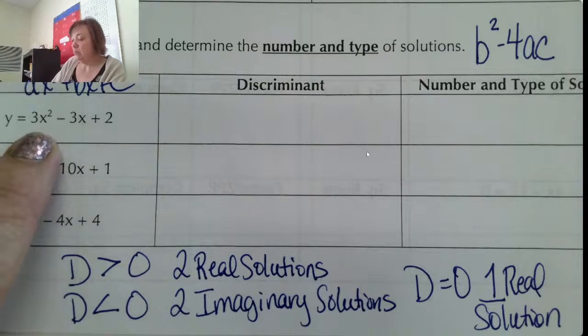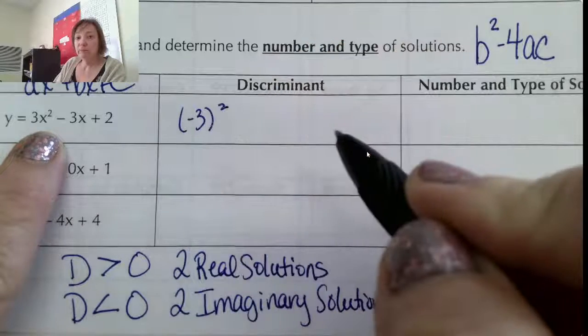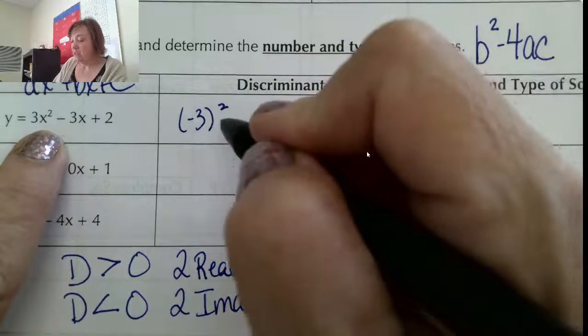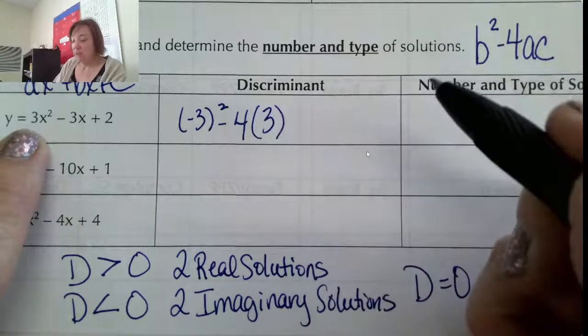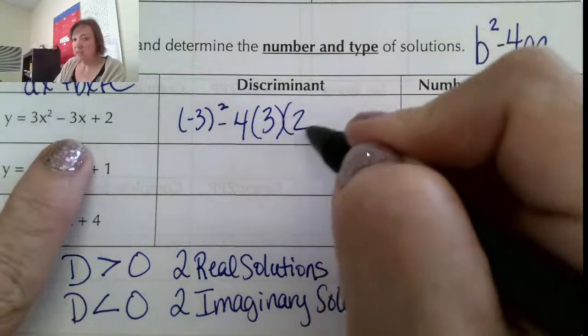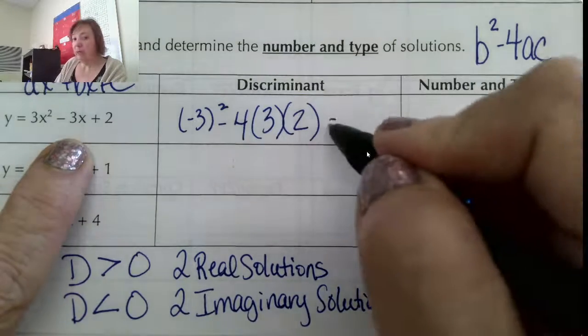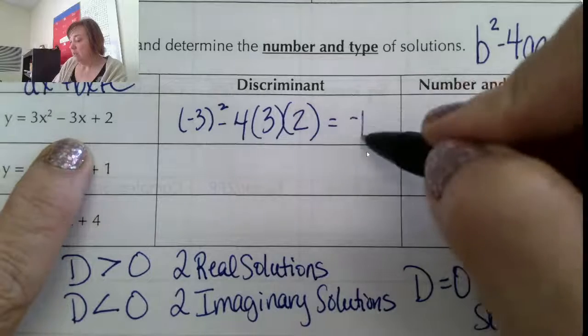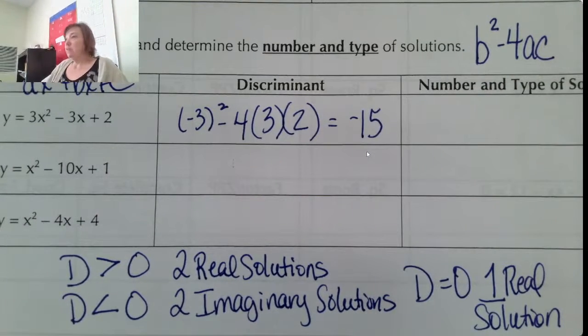So our b squared is going to be negative 3 squared. And then minus 4 times 3, because that's our A, times 2, because that's our C. And when you finish this math right here, I'm going to help us out just to make time a little easier. That gets you negative 15.